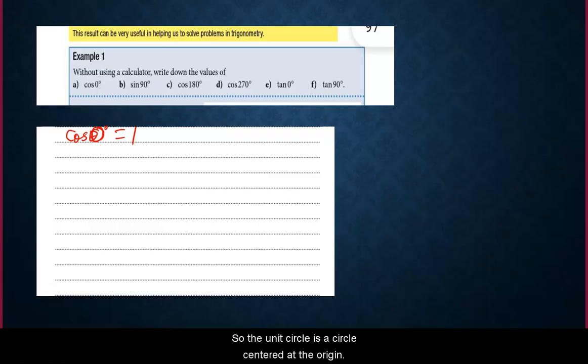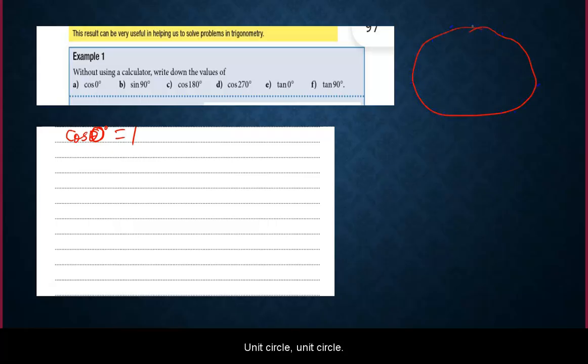The unit circle is a circle centered at the origin. It means the coordinate of the center is 0, 0, isn't it?